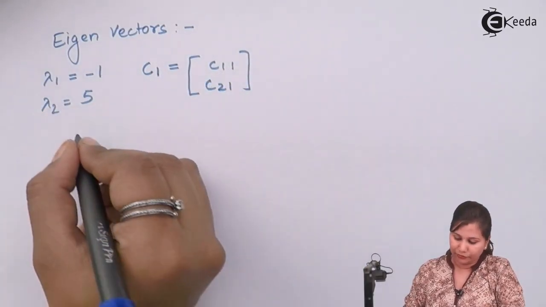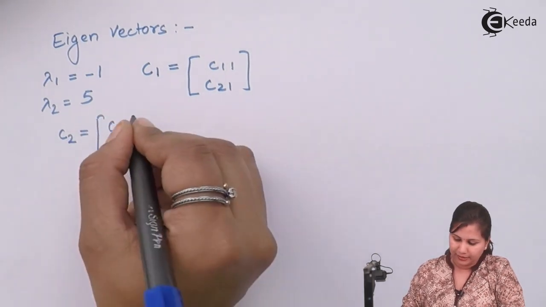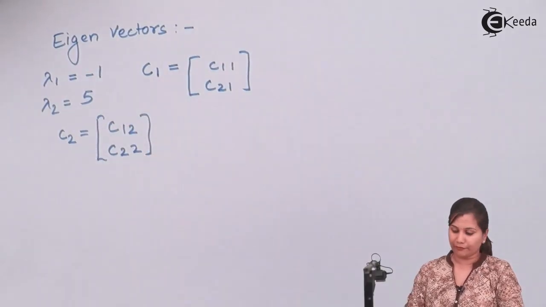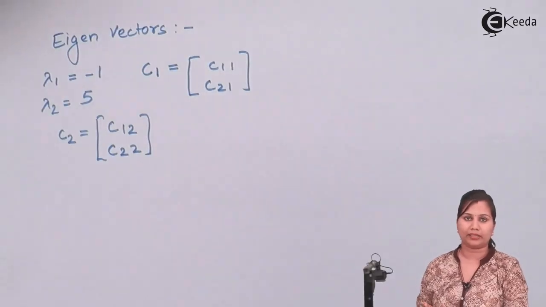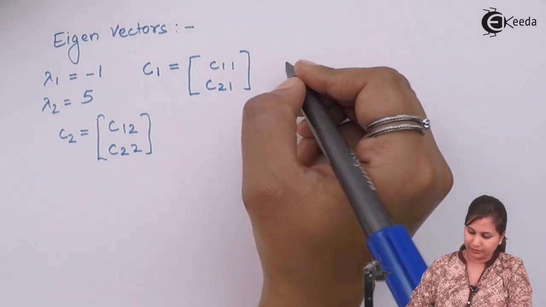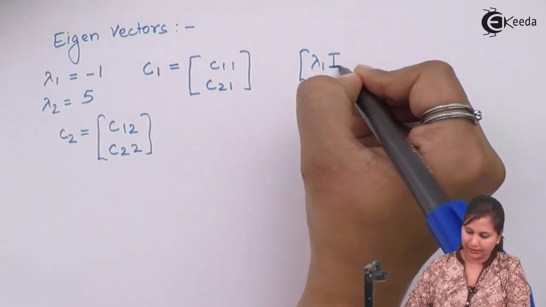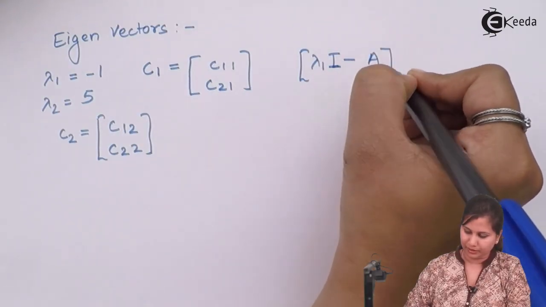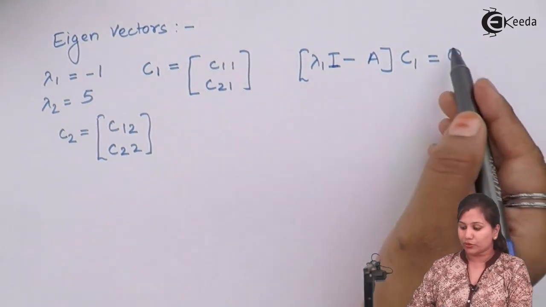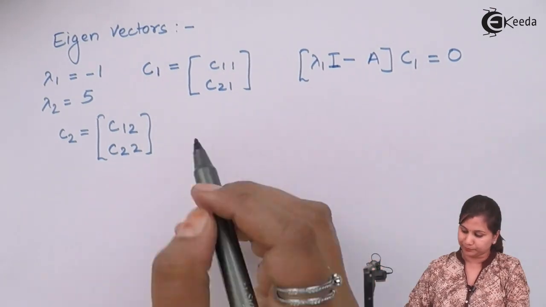For second eigen value we have the second eigen vector whose elements are C12 and C22. So we have to find out these two eigen vectors. How we are going to calculate it? These eigen vectors can be calculated by solving this equation lambda 1 I minus A into C1 equals to 0.